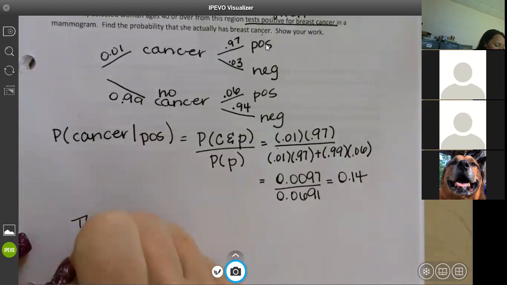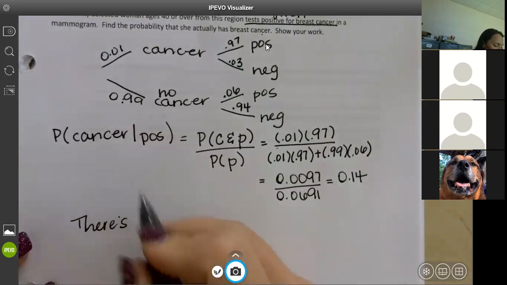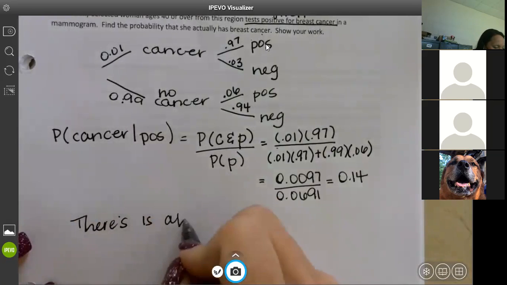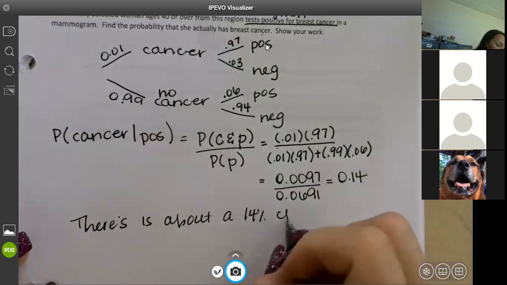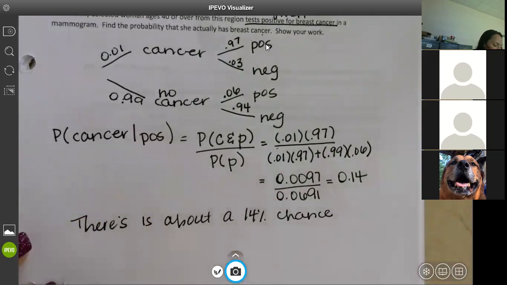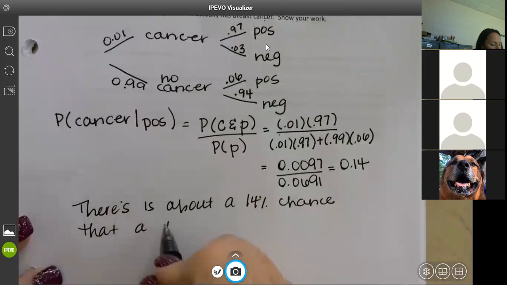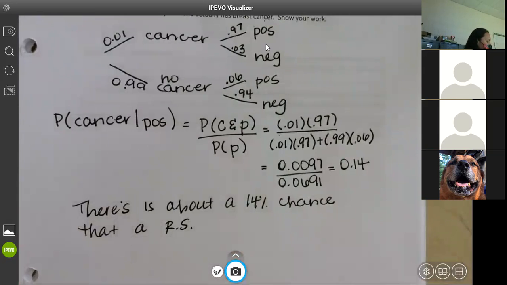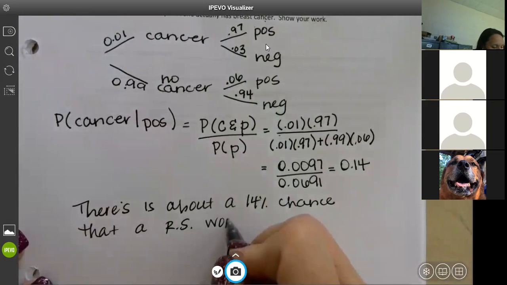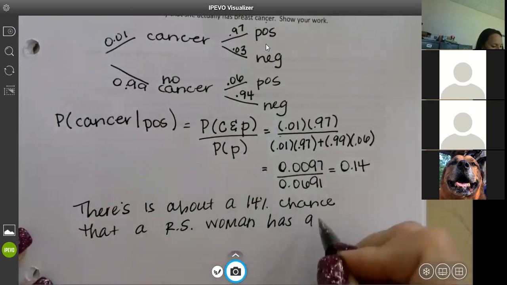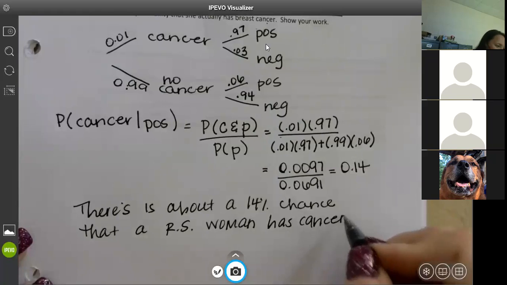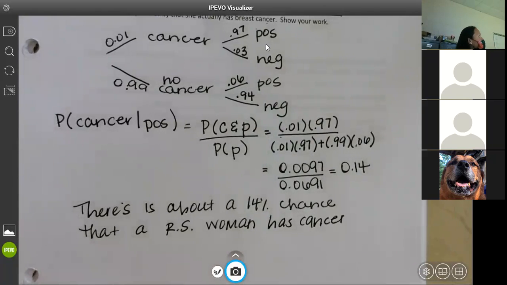All right. So again, keeping it consistent. There is about a 14% chance, I didn't say it on the last one, that a randomly selected woman has cancer. Why do we say that? Given that a woman has cancer, you can say that as well.